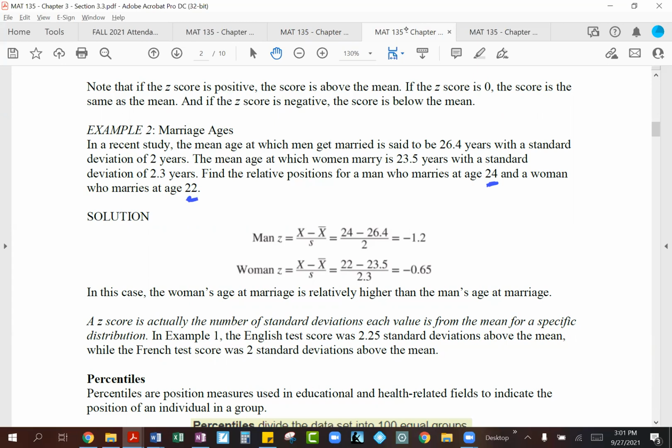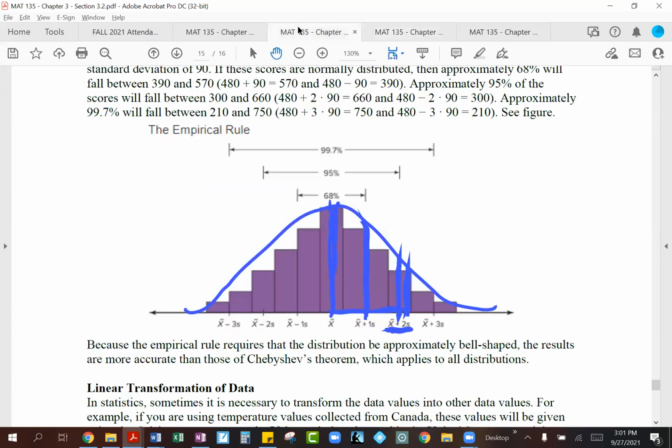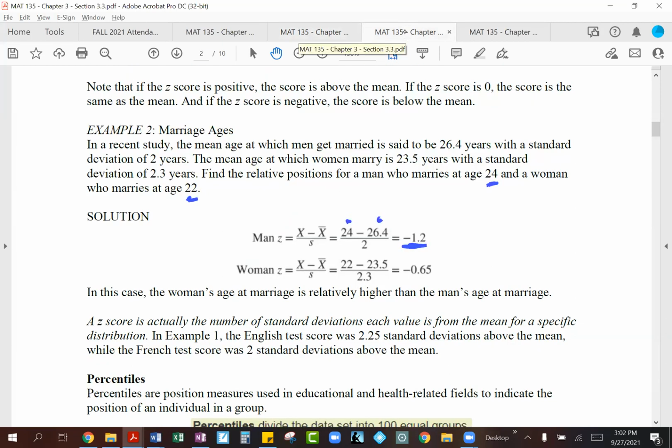So you can see with the men calculation, since the mean was at 26.4 and this person is at the age of 24, since this is a number less than the mean, you will get a z-score of a negative number, because the negative number tells us you are below the mean. So this person was at negative 1.2, so he is just slightly less than 1 standard deviation below the mean. And then for the woman, you can see they're saying the lady got married at the age of 22.